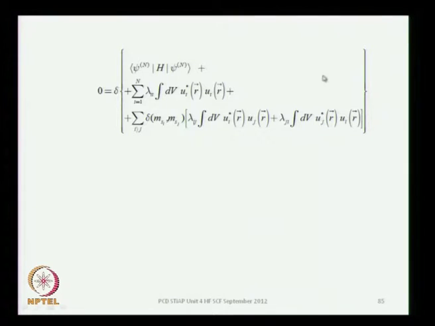Now, this is what our condition boils down to. Because of these constraints, we incorporate them via the method of variational multipliers, which is Lagrange's method, introduced in the previous class.